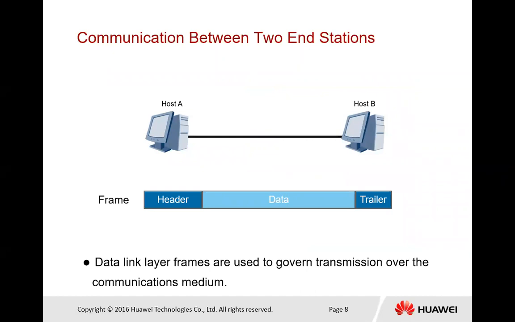The first thing you have to know is that on a network, at the data link layer, data is transferred in the form of frames.